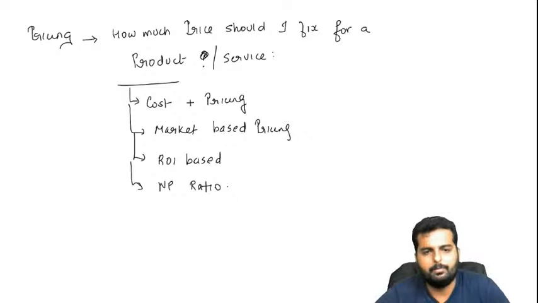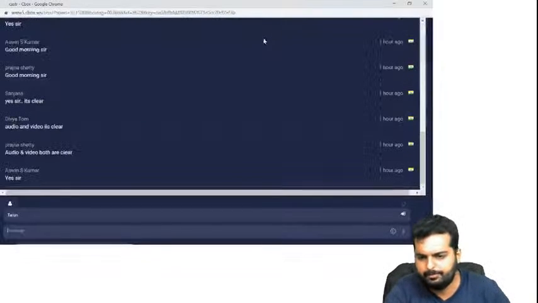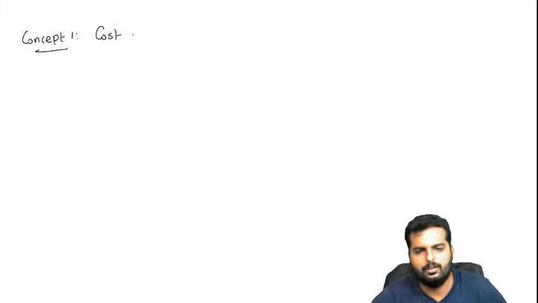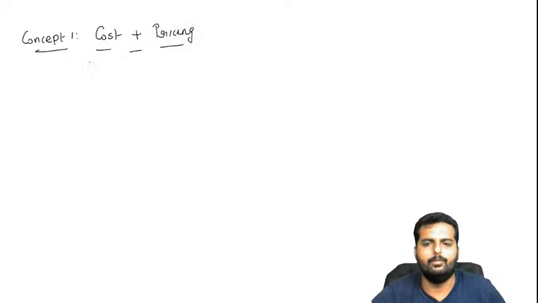Alright friends, have you all put up till here in your books? So let us learn these pricings one by one as separate concepts. I'll write down concept number one, cost plus pricing. This is a very simple methodology of pricing, friends.